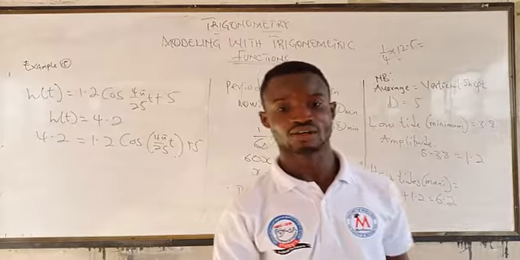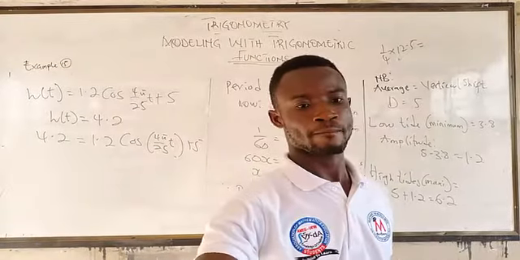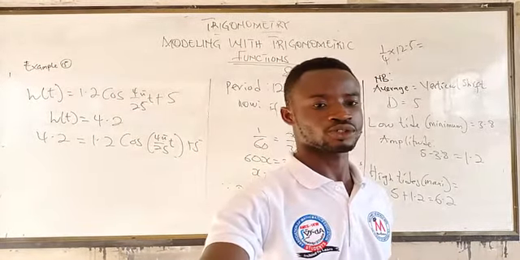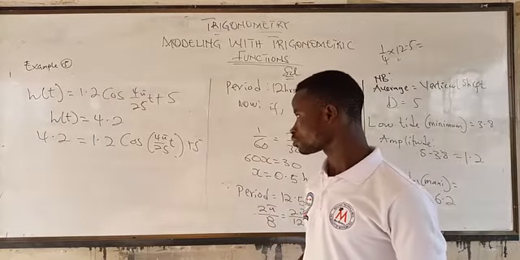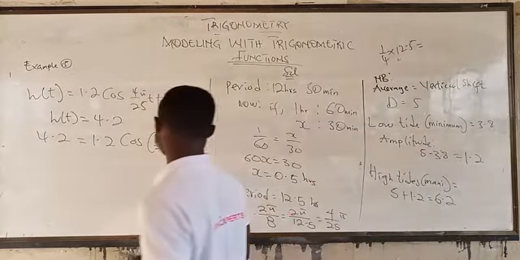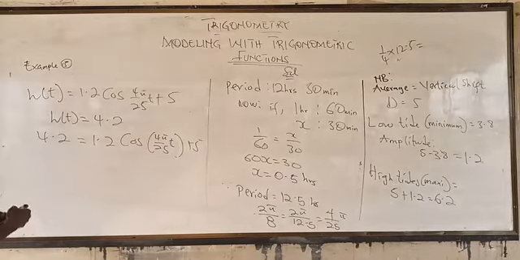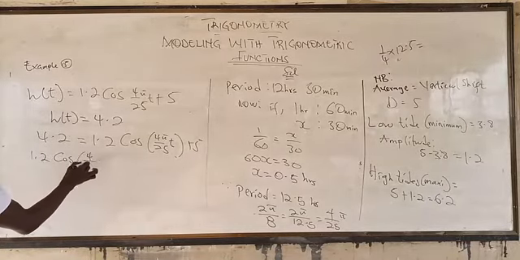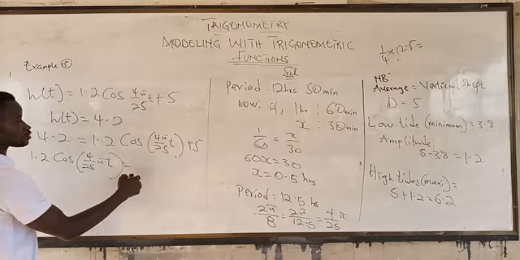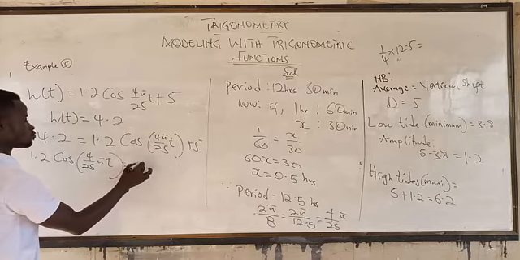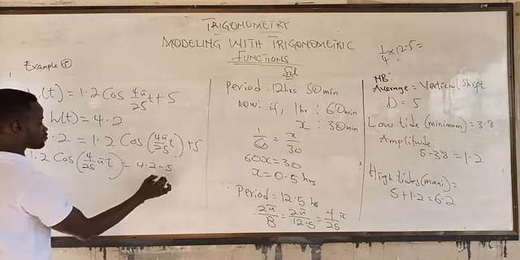Very good. But I will leave that for you to continue it yourself to find the t. It's not anything difficult. You can send this five to this side. So you get 1.2 cos of 4 over 25 pi t is equal to, so you send this to this side, so that is going to be 4.2 minus 5.